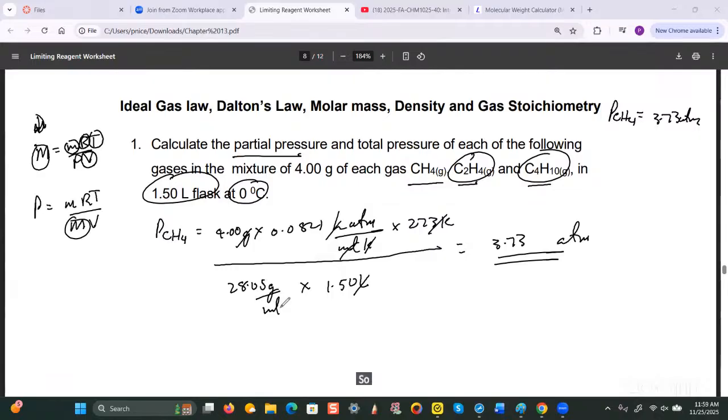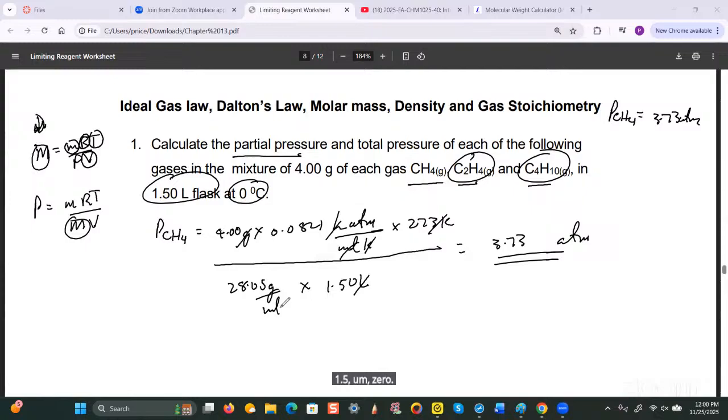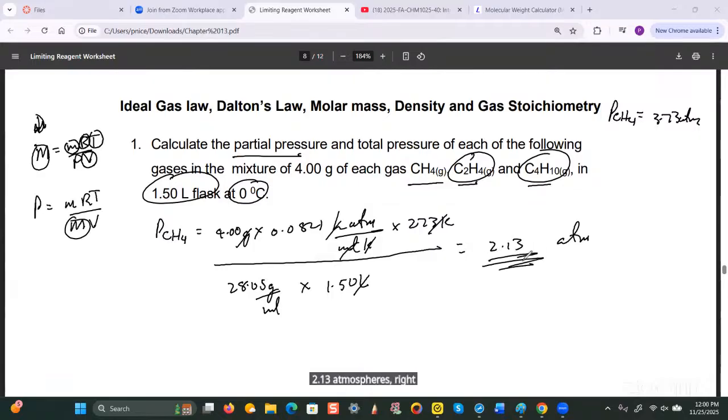Let me see what that gives. 4 times 0.0821 times 273 divided by 28.05 times 1.50. And according to my calculation, this works out to be 2.13, not 230, 2.13 atmospheres, all right? And that's how that is done, all right?